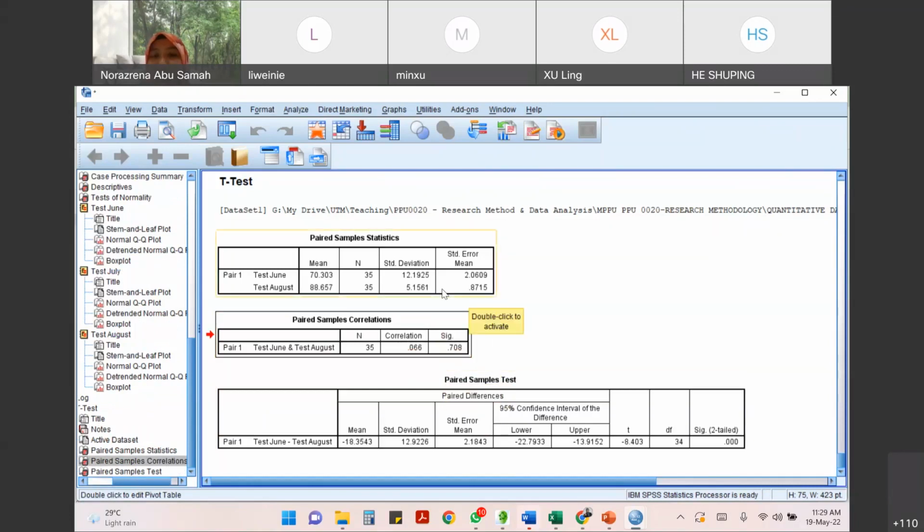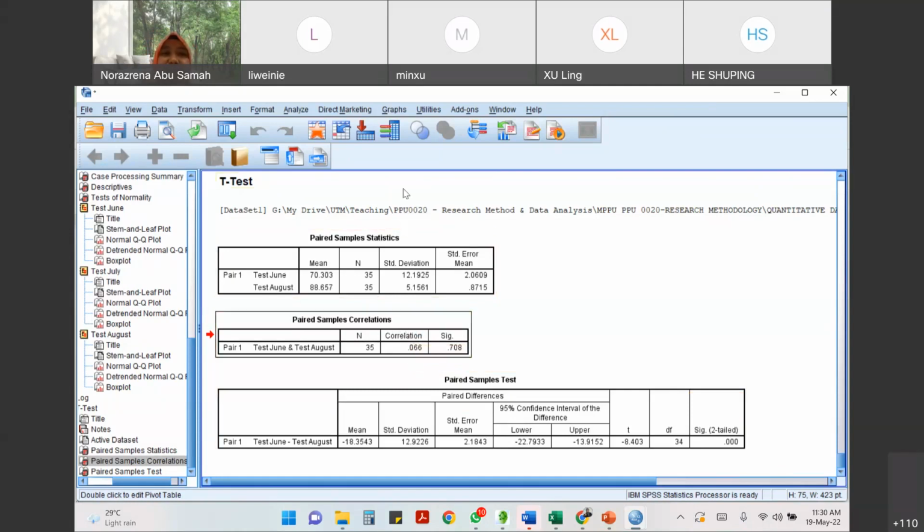The significance value is to identify whether there is a correlation or not. But the correlation coefficient is to identify how strong the correlation is. Is it strong, weak, or medium correlation? Understand? Okay, thank you, doctor.